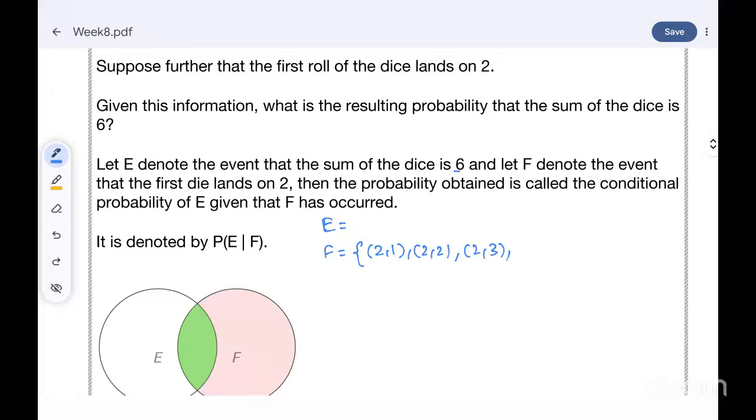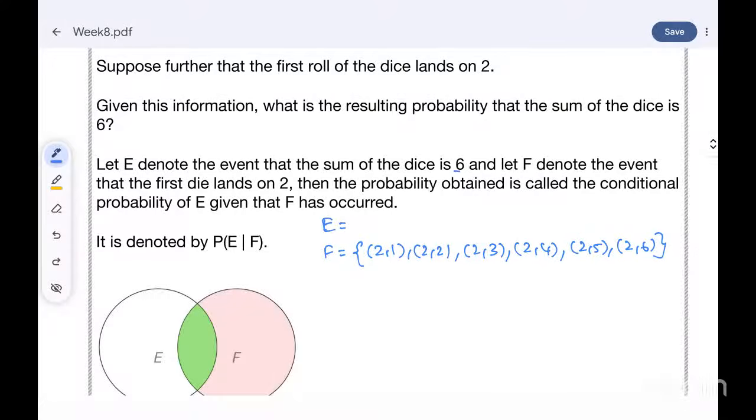So this is actually now our updated sample space, right? Because this is the first condition given. Now E is the event where the sum of the dice is 6.